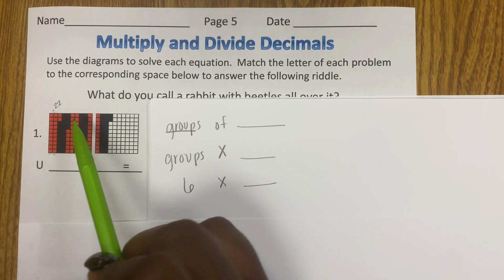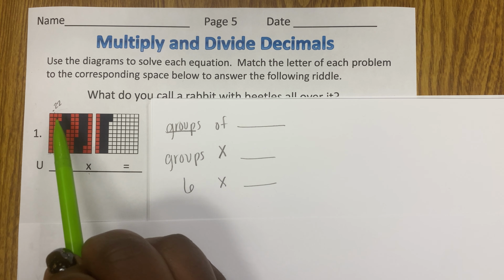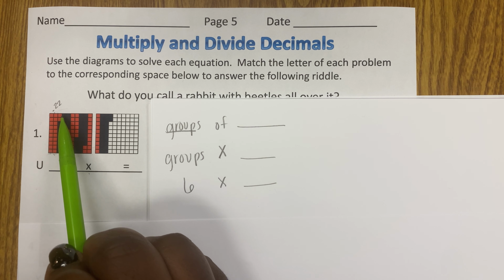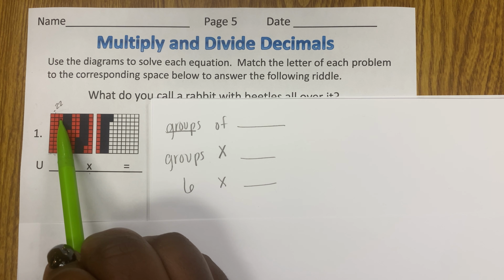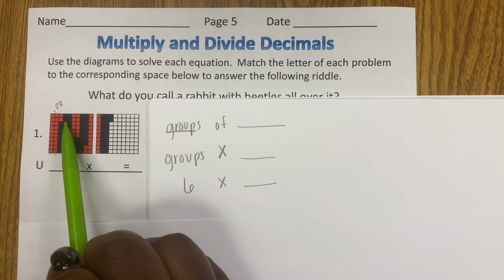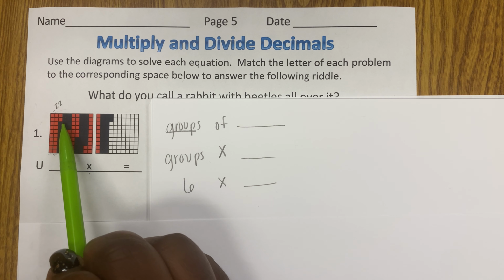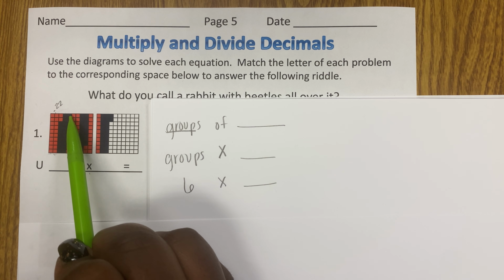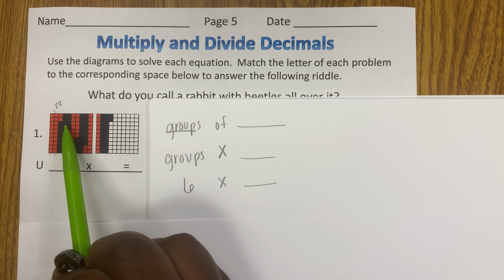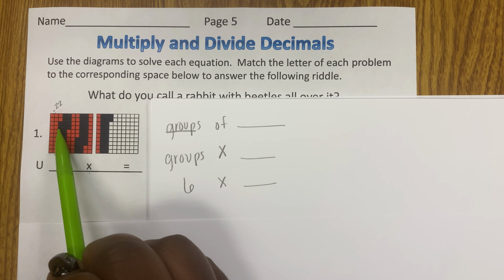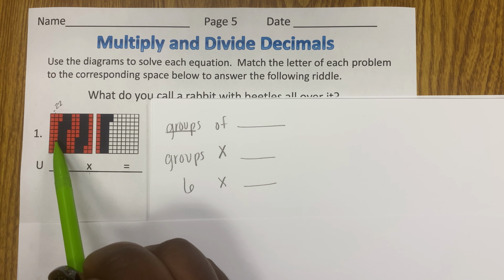So let's look at this next one. This one might be a little more difficult to see, but we can use the ones next to it to help us. So this is 2 because there are 2 red here, so there must be 2 black here. This is 2 because there are 2 red here, so there must be 2 black. So looking at that, that's 4 of them. Now, let's look here. 1, 2, 3, 4, 5, 6, 7, 8.